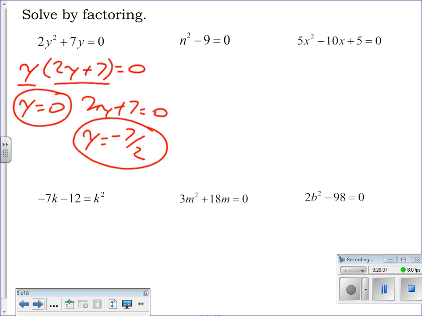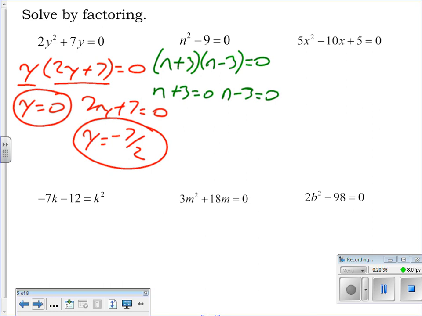The next one is also somewhat unique. It is the difference of 2 squares. There's no common factor, but I have a perfect square minus a perfect square. How do you factor that? N plus 3 and n minus 3 is equal to 0, which means that n plus 3 is equal to 0 and n minus 3 is equal to 0.